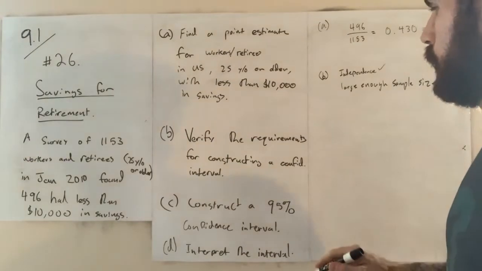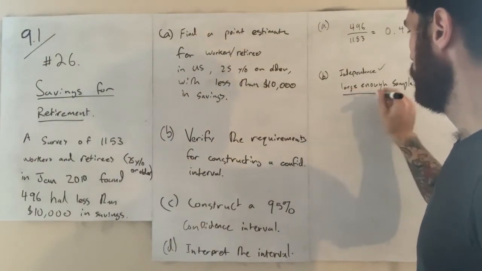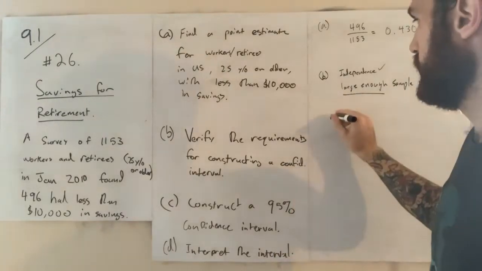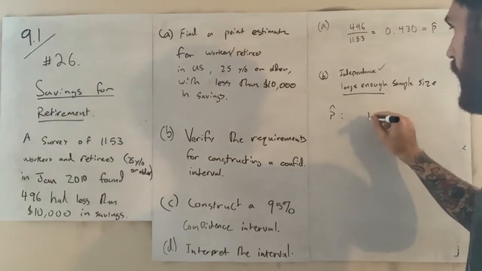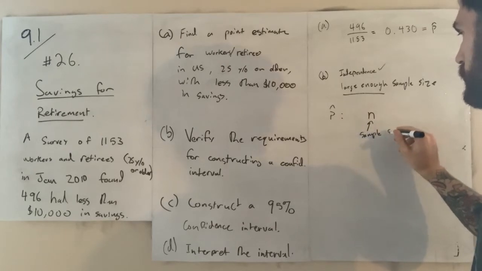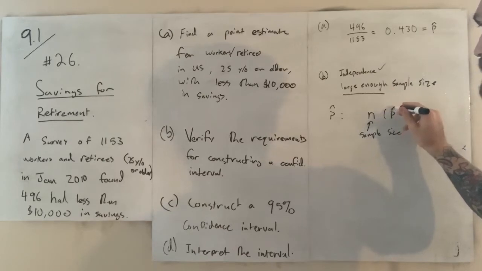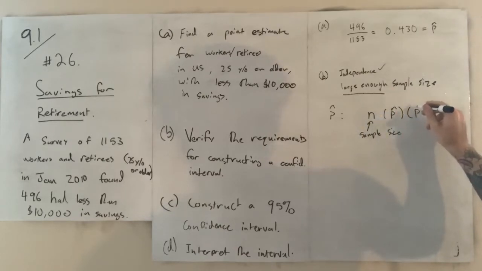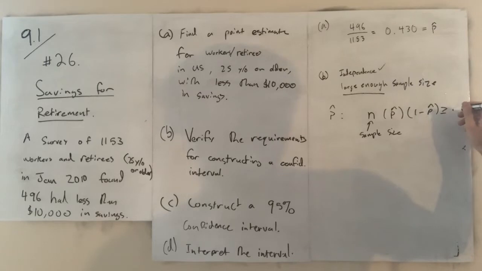Remember, large enough when you're dealing with p hat means that we want n, our sample size, times p hat times 1 minus p hat to be greater than or equal to 10.